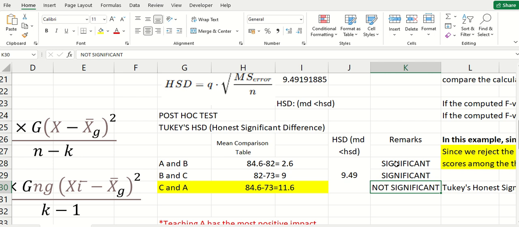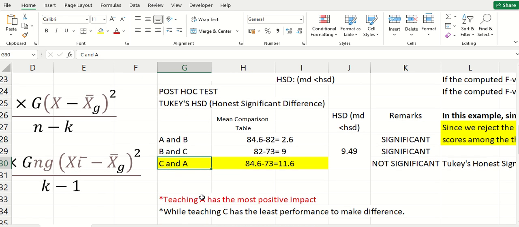That's the same result as what we had a while ago. But for formality, there is a big difference between C and A, which has the most extreme difference in the exam scores.